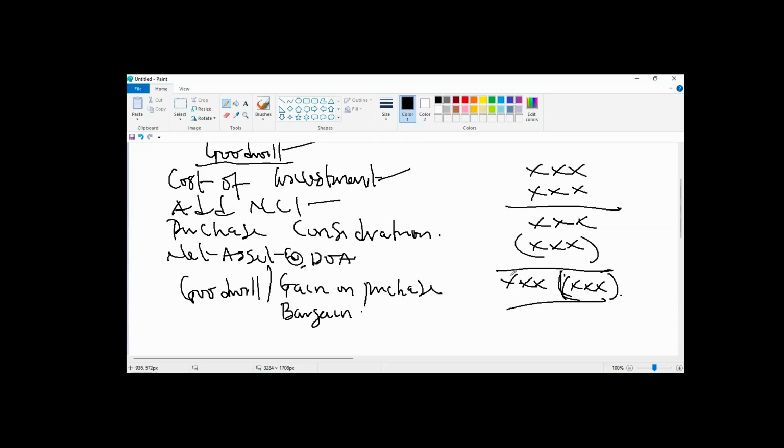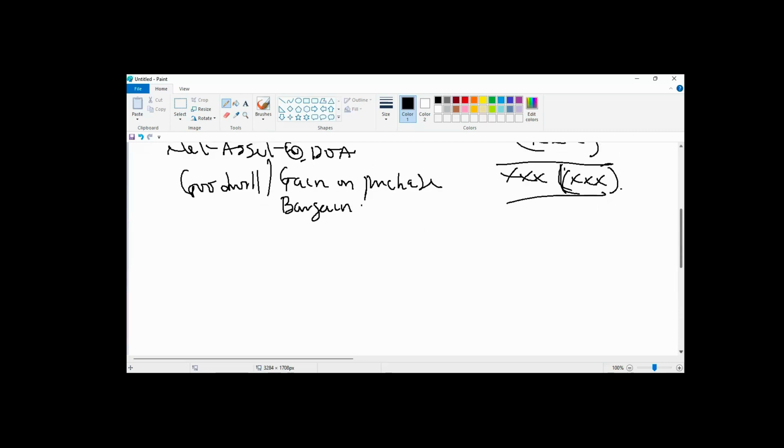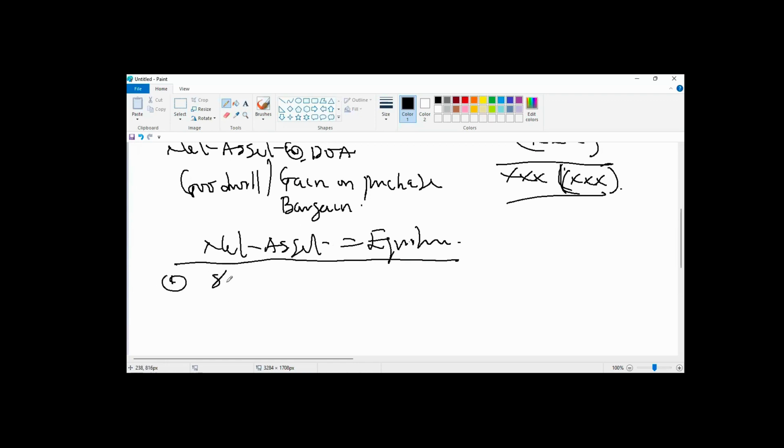Before that, what is net assets? My brothers and sisters, net assets are equities. Net assets at any date equal equities. Anytime you hear net assets in group accounts, think of the equities. We have one, share capital.